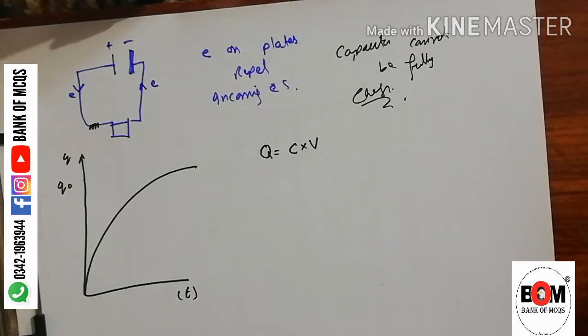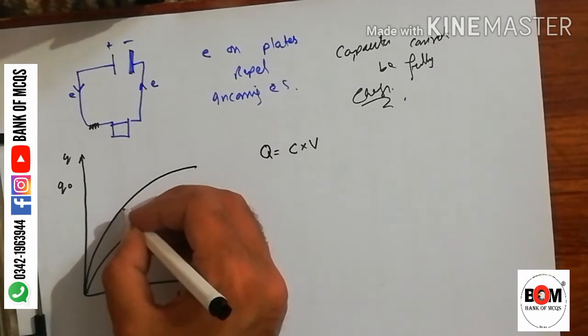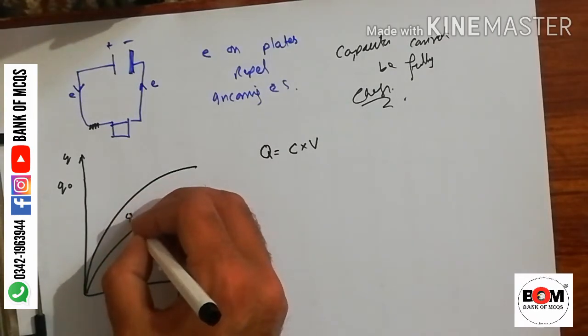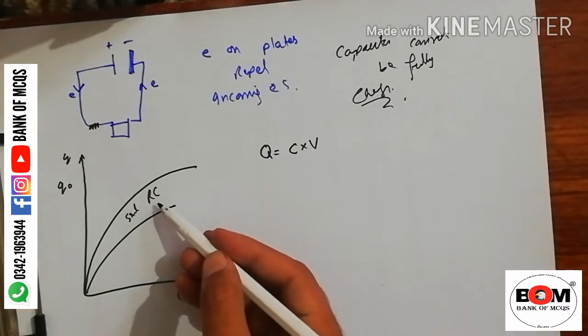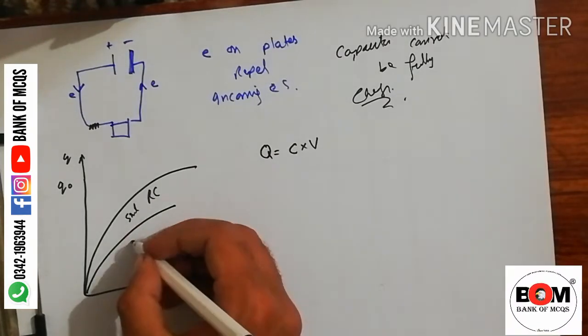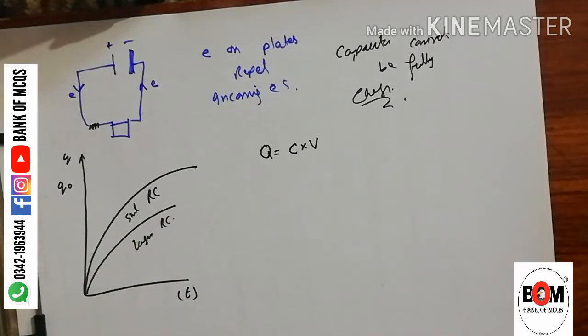So this is for small RC. Smaller the RC value, easier it will get charged, and the greater the RC value, the more time it will take to discharge.